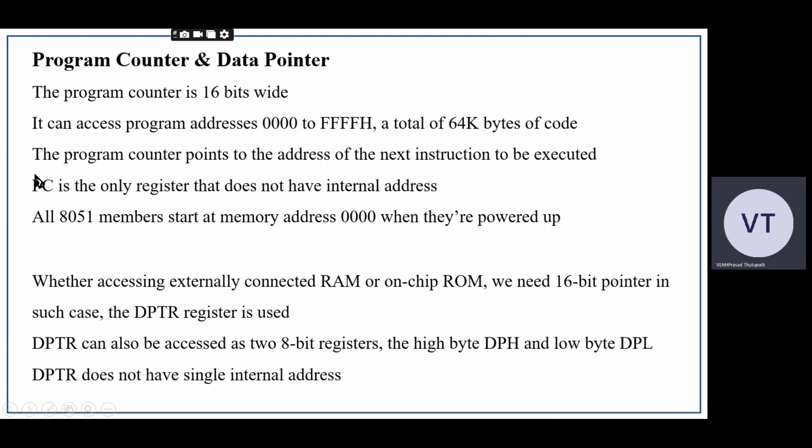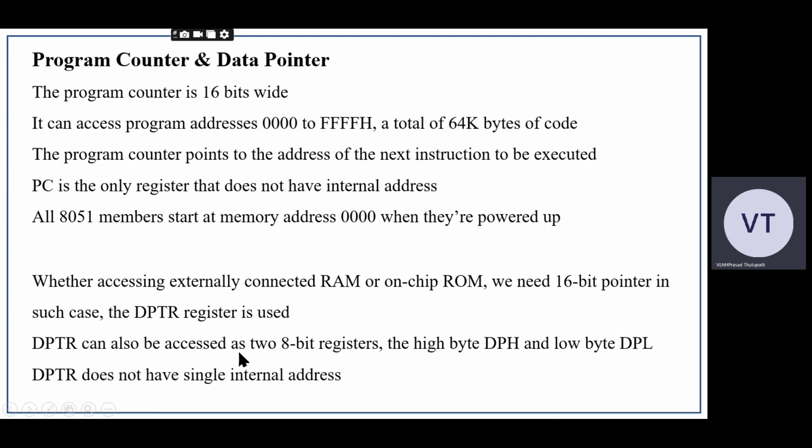For all the remaining registers, you can refer to them with their address or with their name, but the program counter is the only register that does not have any internal address. The moment you switch on the microcontroller, it starts executing the program from the 0000 location onwards.